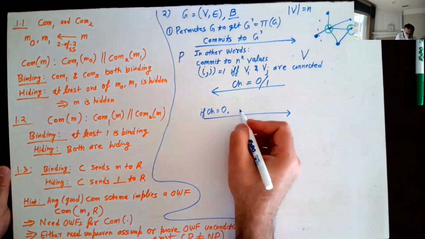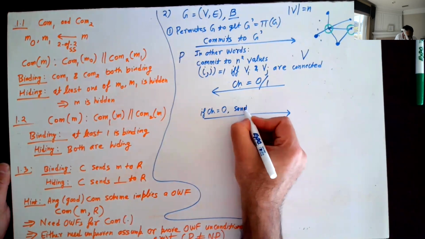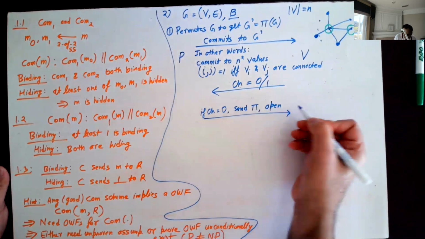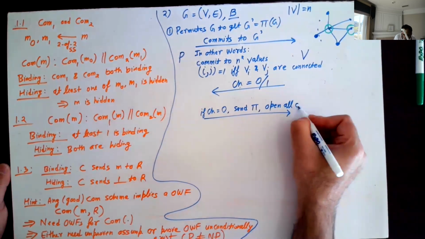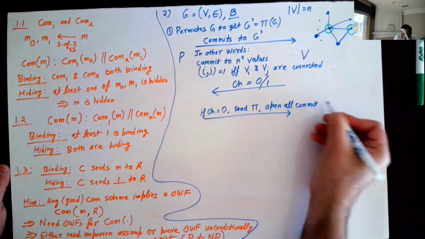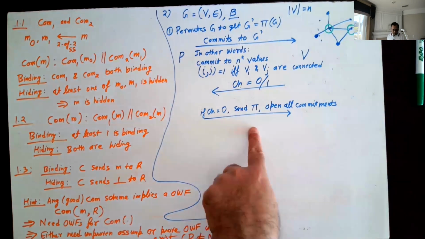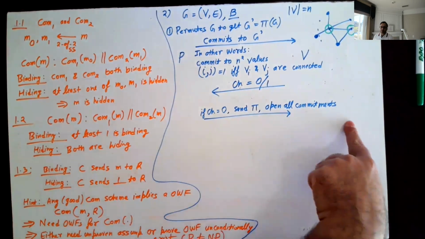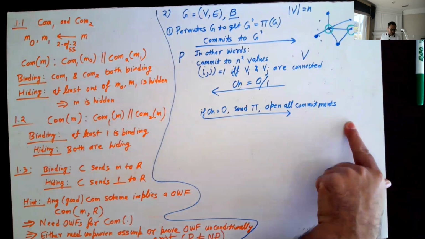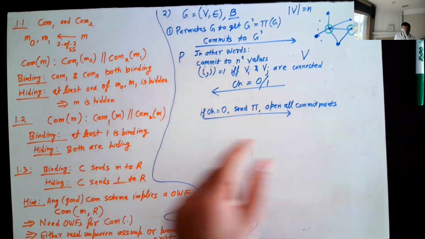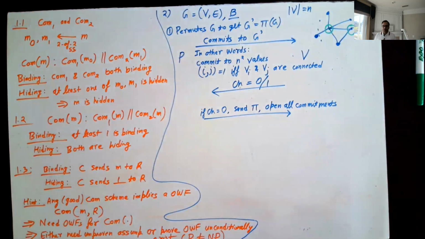So if CH equals 0, send the permutation pi, open all the commitments. So reveal the entire graph G prime, send the permutation pi, and the verifier is supposed to verify that G prime is indeed isomorphic to G. So note that in this case, the prover never used the witness, which is the vertex cover.